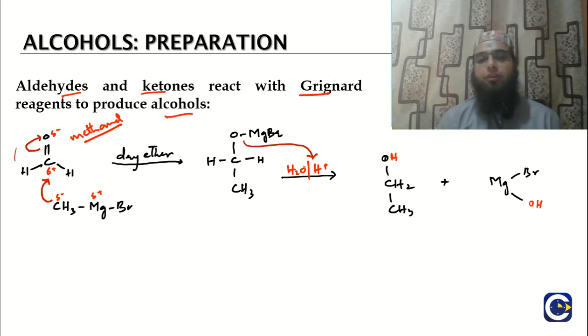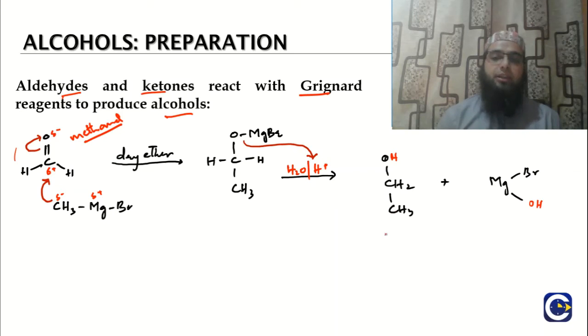We add water with a small amount of acid, so the proton is taken by the oxygen and we get the corresponding alcohol. A hydroxyl group will be attached to the magnesium, which comes as a byproduct in the reaction.